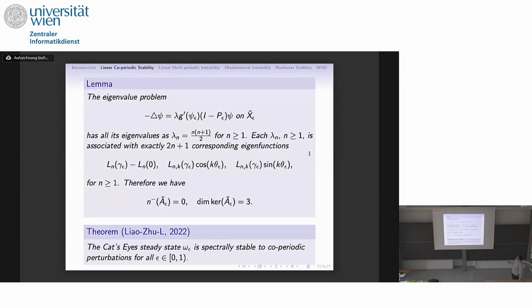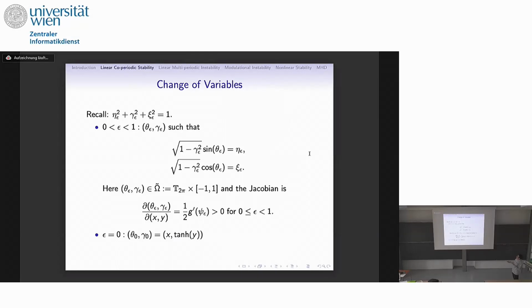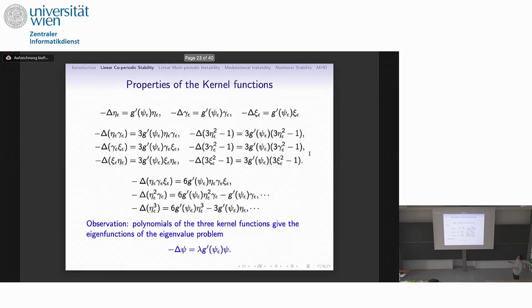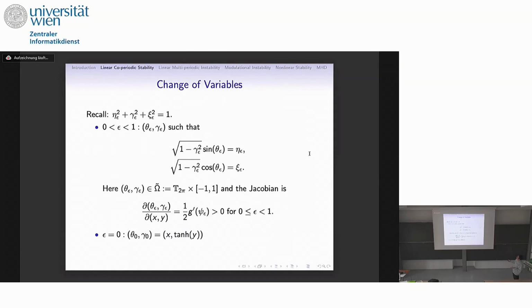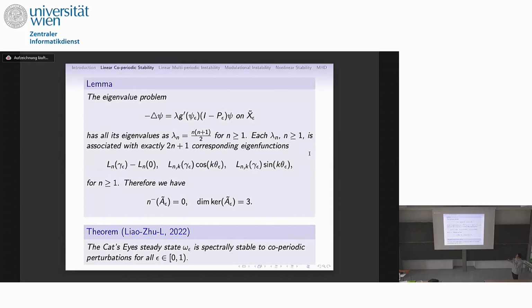And actually, after some effort, we were able to find a transformation. The transformation is given explicitly here, but I will skip these details. Anyway, we are able to use a transformation to reduce the spectrum problem for epsilon not equal 0 to the case epsilon equal 0. At the beginning, we didn't believe this, but at least numerics showed it was the case.